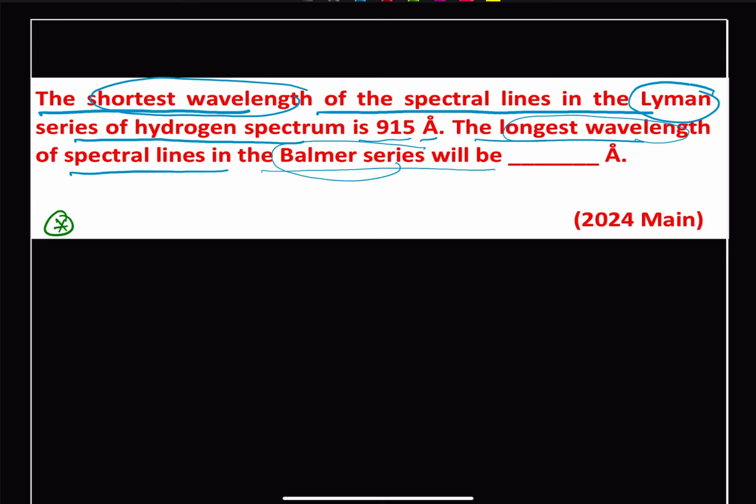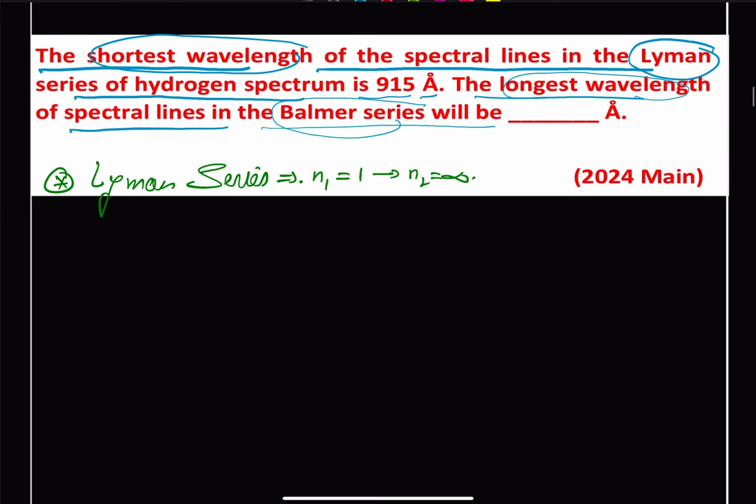So first is given as Lyman series. For Lyman series, our n1 is equal to 1 and it should transition to n2, which is equal to infinity, and this will result in the shortest wavelength.